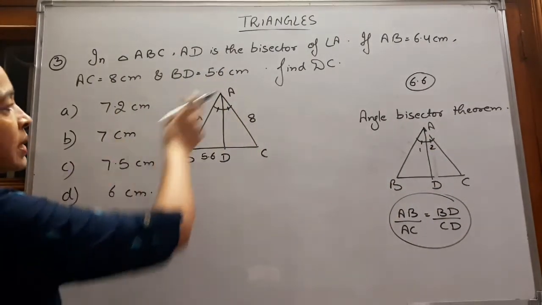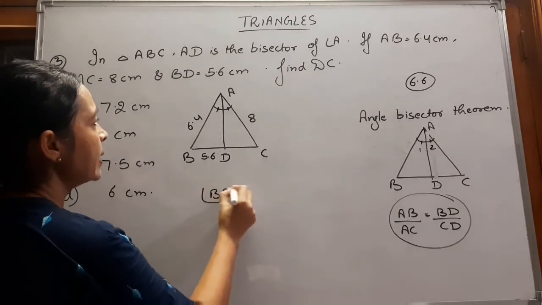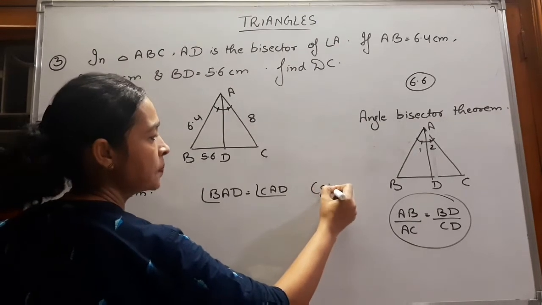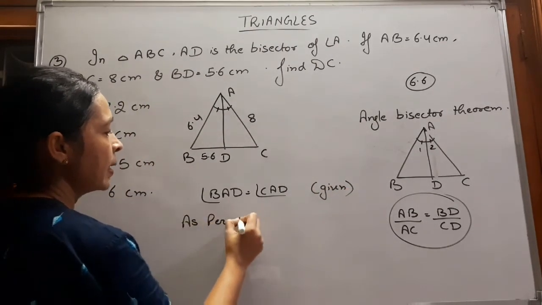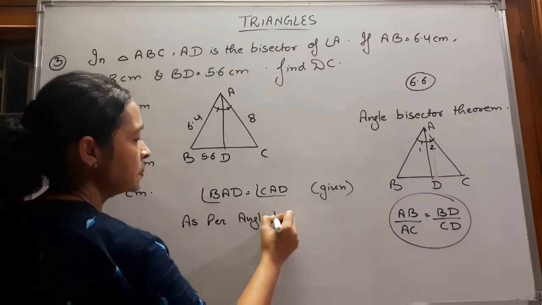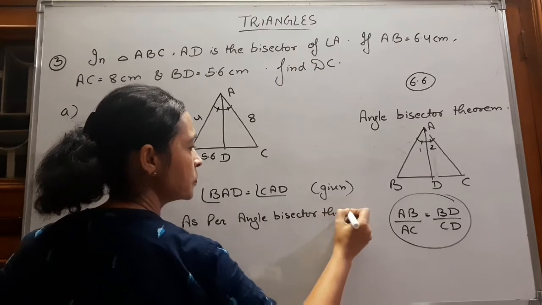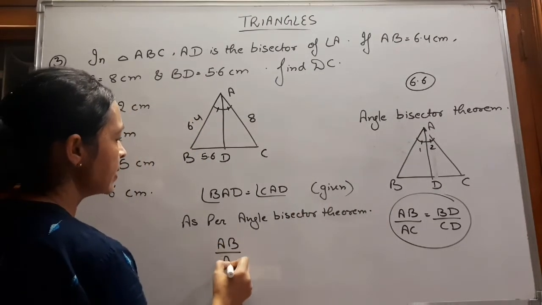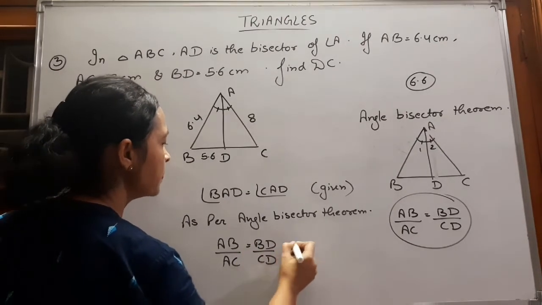So, in our question, AD is the bisector, angle BAD equals angle CAD. This is given. So, as per the angle bisector theorem, AB upon AC is equal to BD upon CD.